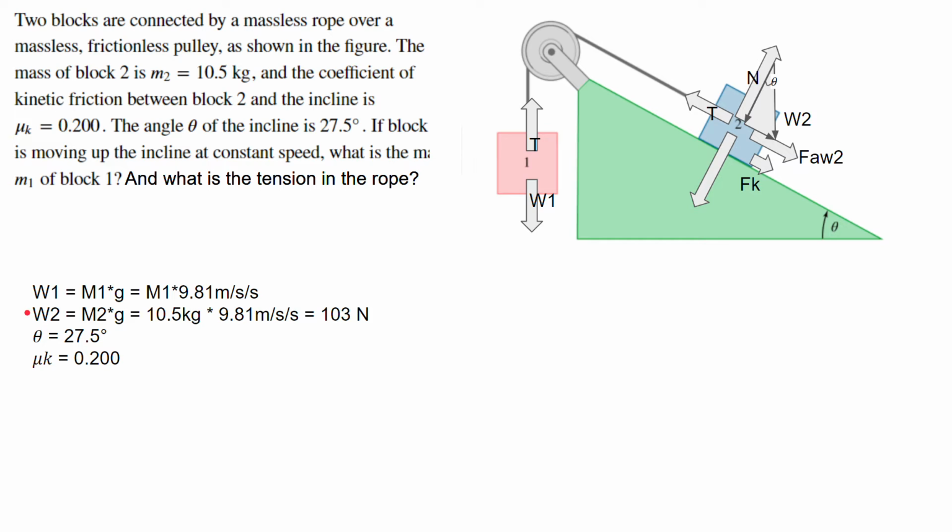And we know that W2 is also going to be equal to block 2's mass multiplied by the acceleration of gravity, which is going to be equal to 103 newtons. We know that theta is 27.5 degrees, and we know that mu k is equal to 0.2.